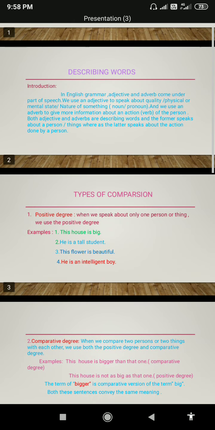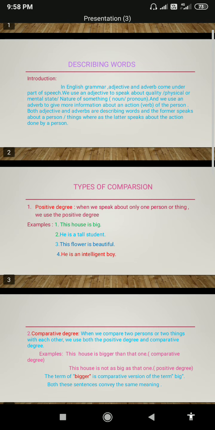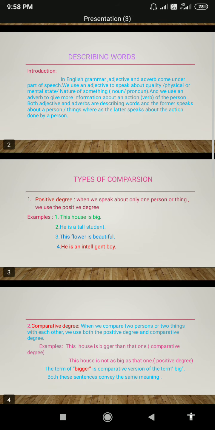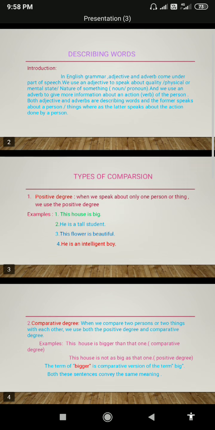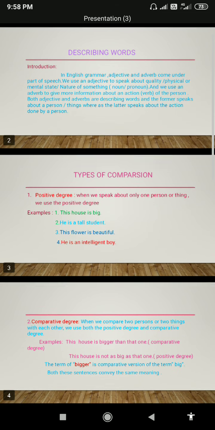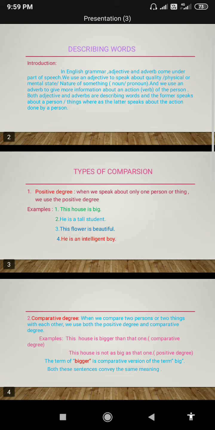So, adjective is one of the parts of speech. Here I am going to give some explanation about an adjective. An adjective is a word used to add something to the meaning of a noun. It simply tells about a noun.